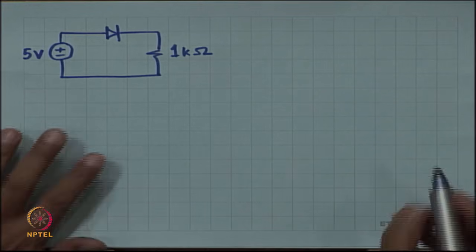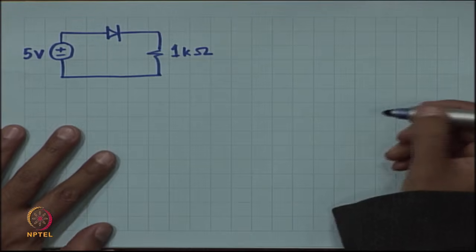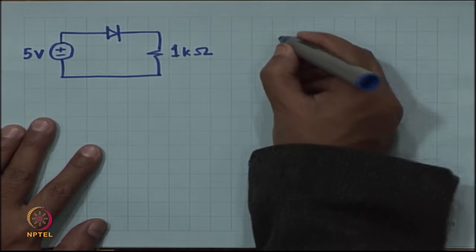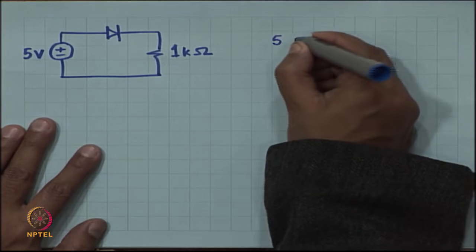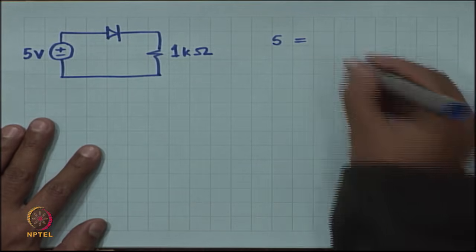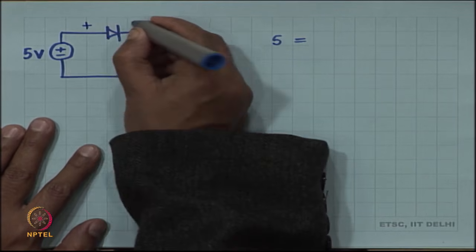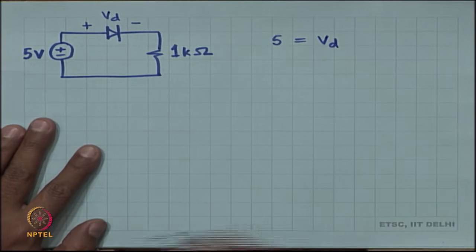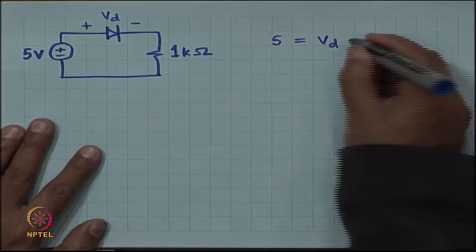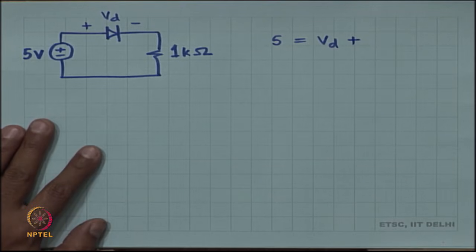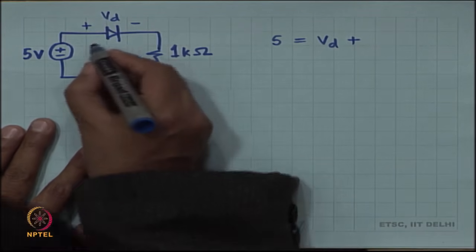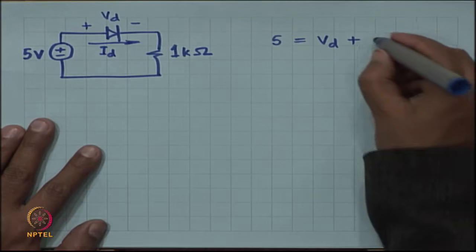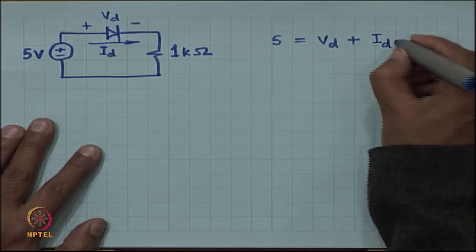How do I do it? KVL. We will write a KVL. So, 5 volts is equal to the drop across the diode, let us call it Vd, plus Id times 1K.